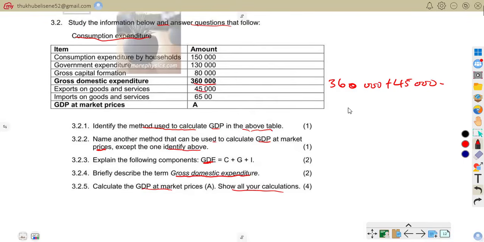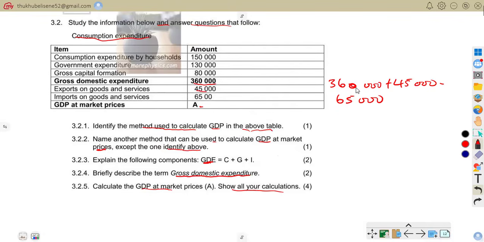Then we subtract 65,000, because 65,000 is imports of goods and services. So then we will get the gross domestic product at the market price. So that is how we are to calculate it. We add our gross domestic expenditure with what?